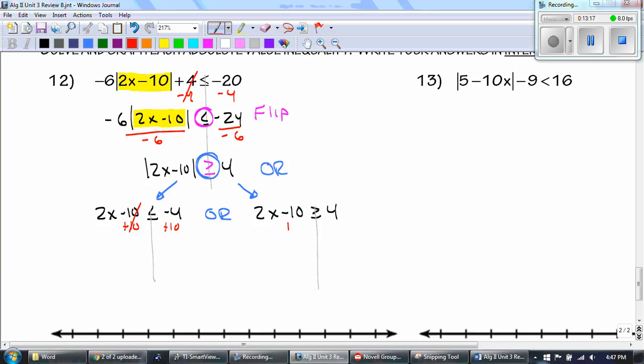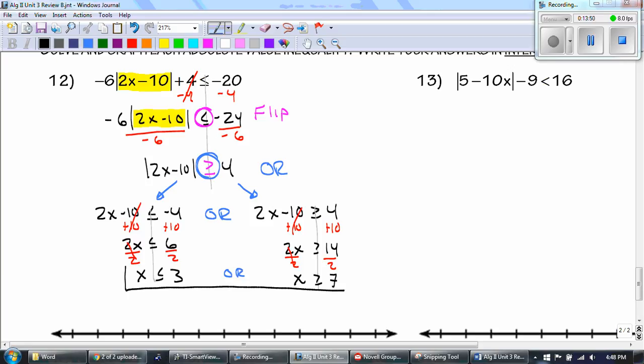And remember, you can do both of these at the same time, as long as you remember you're going to get different answers. Negative 4 plus 10 is 6. 4 plus 10 is 14. And then we need to divide by 2. We get x is less than or equal to 3, or x is greater than or equal to 7.